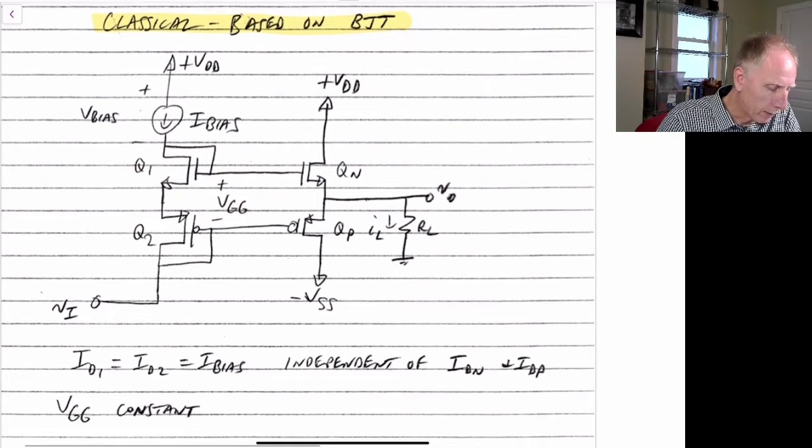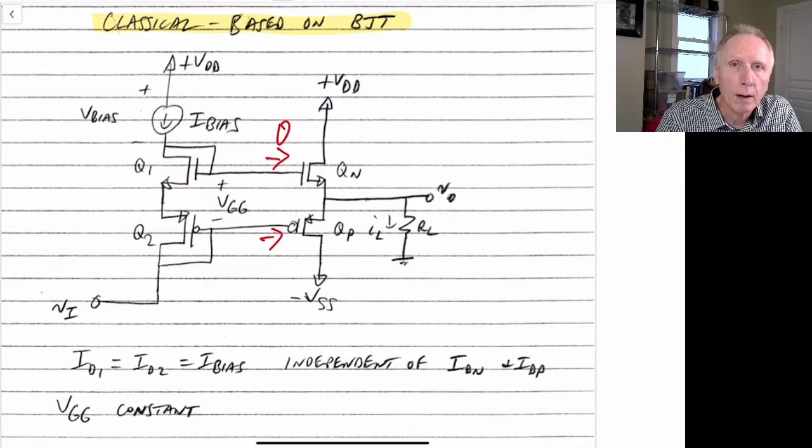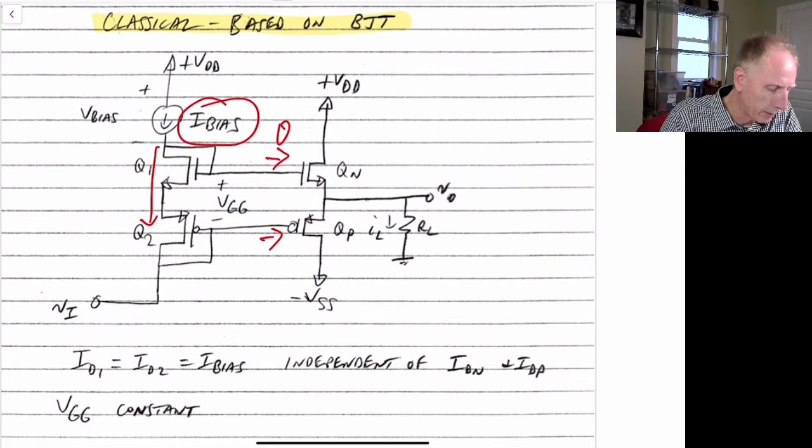One thing we notice first is that because there'll be effectively no current flowing through here, because these are gates into MOSFET transistors, the current flowing down through here will still be just I bias. So we don't have to worry about the extra current. So ID1, the current flowing down through transistor Q1, equals the current flowing down through Q2, and that equals I bias.